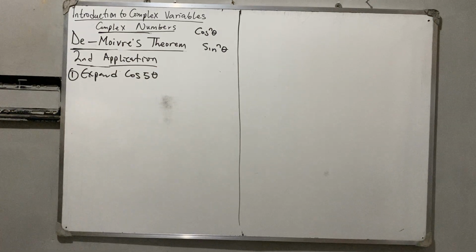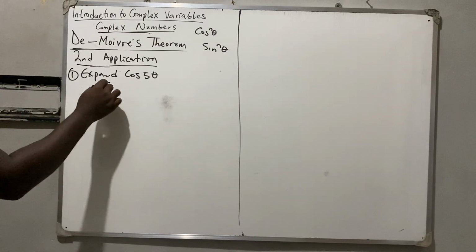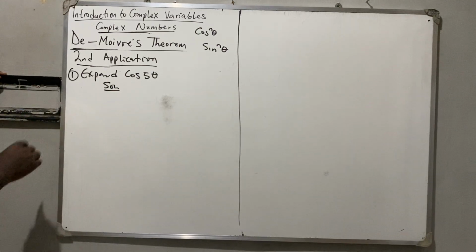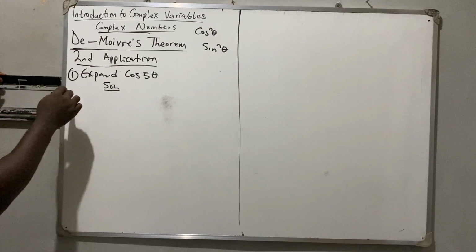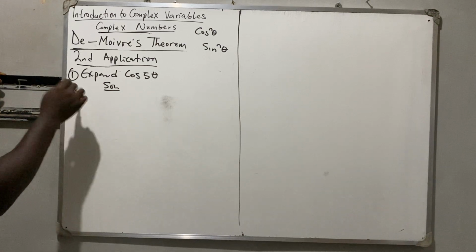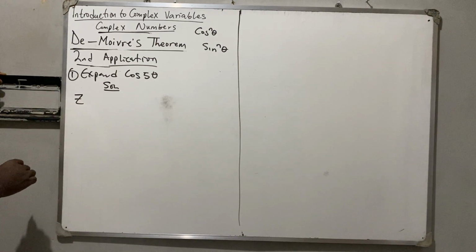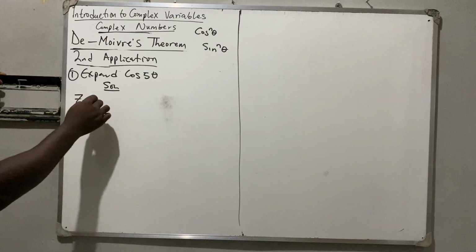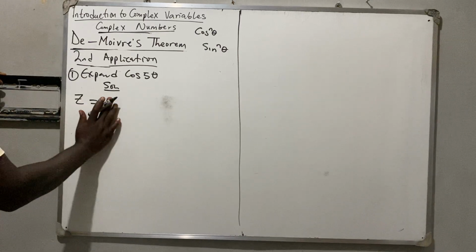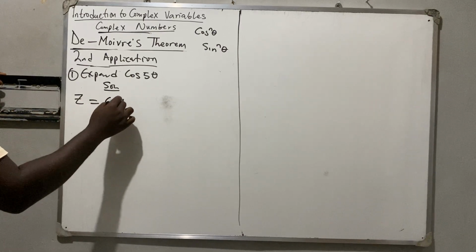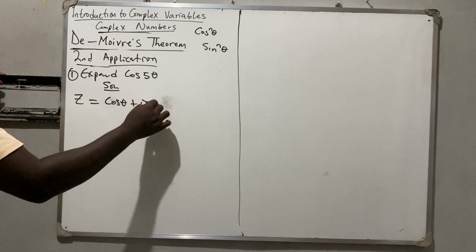So now the first thing we need to do, solution, is that we know that our z is equal to, R is not there, so it's just cos theta plus i sine theta.